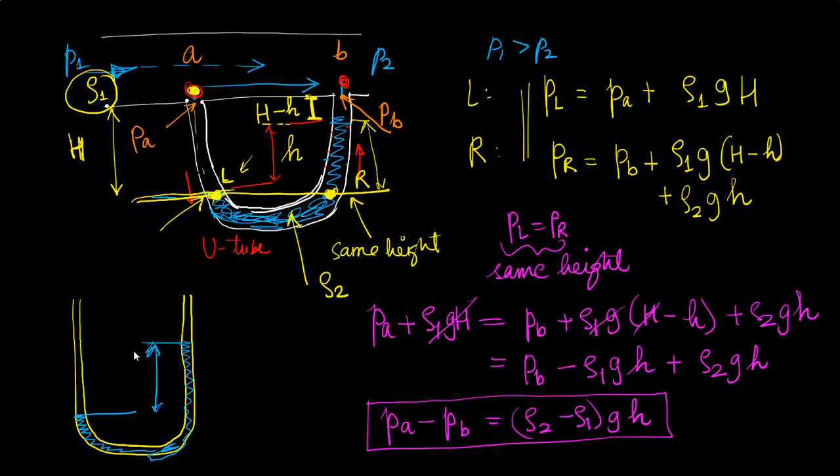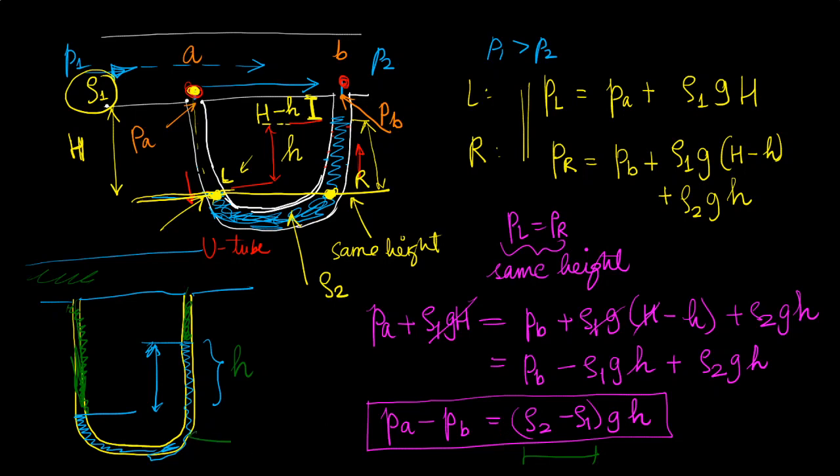But no, it is the difference in this height times the difference in density of the fluid that is flowing in the channel, because that fluid, suppose I mark the fluid with a green color, this particular fluid will also be in this region, and in this region. So it is not just the height difference h, but also the difference in density.